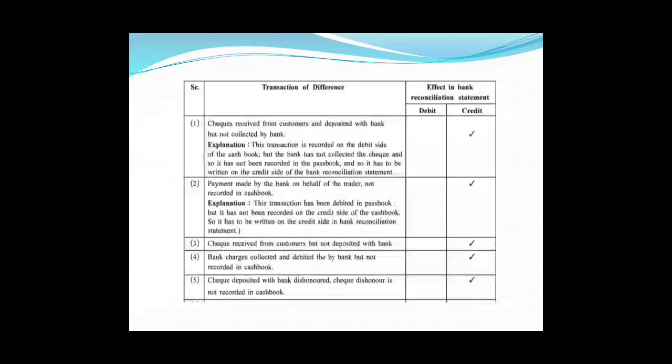Now friends, when bank pays any amount from our account, bank will be debiting our account. That means bank will be doing entry at the debit side of our account. What we have to do, we have to credit this in bank reconciliation statement, because this is not done in cash book. So very simple, credit side the entry will be given.